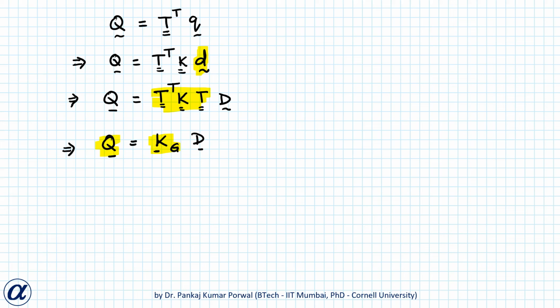Capital Q is member nodal force vector in global coordinate system, and capital D is member nodal displacement vector in global coordinate system.